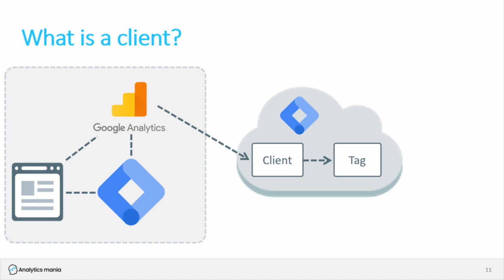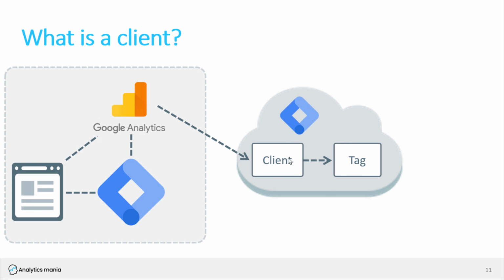So the main purpose of the client is to listen and wait for the incoming HTTP requests to come in from, let's say, this tag from the client side to the server side, and then unify that data and make it more, let's say, standardized based on the event model that is in the server-side Google Tag Manager container.